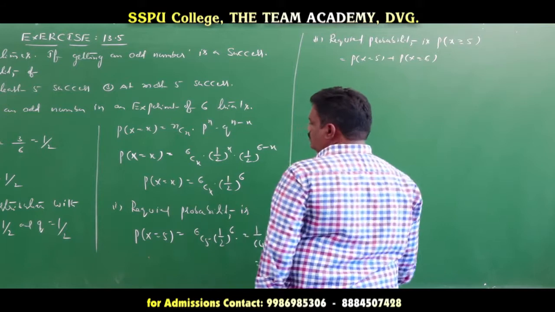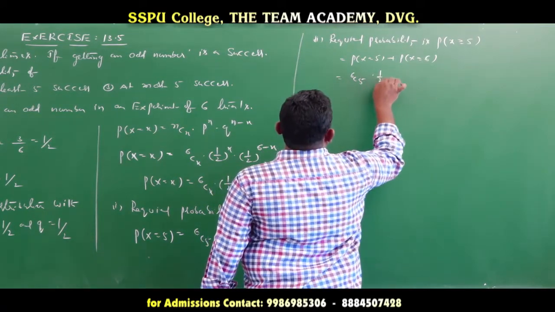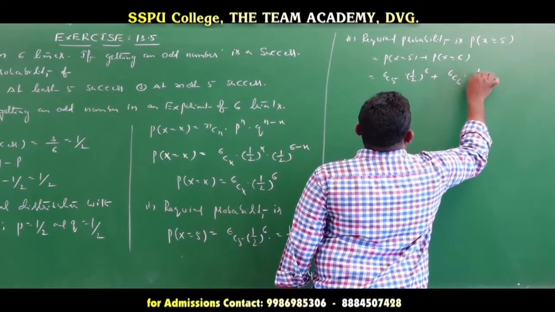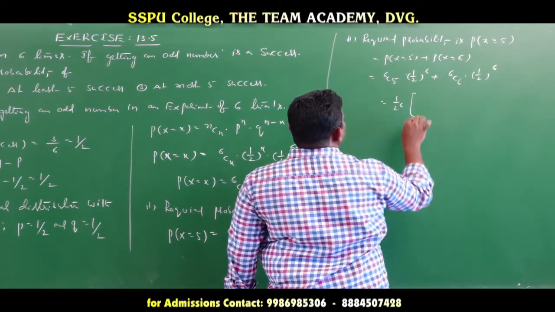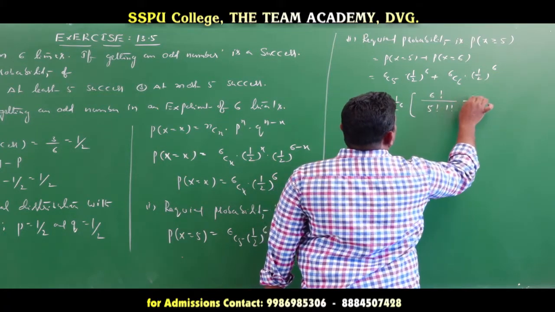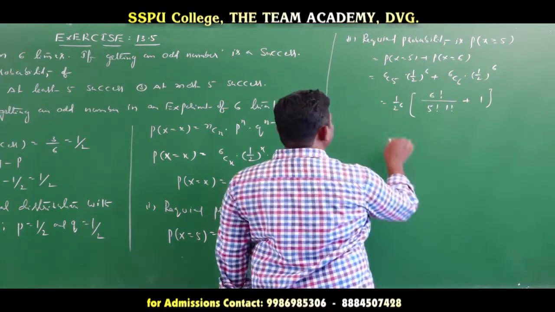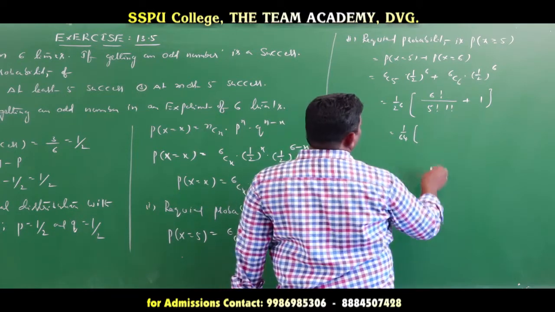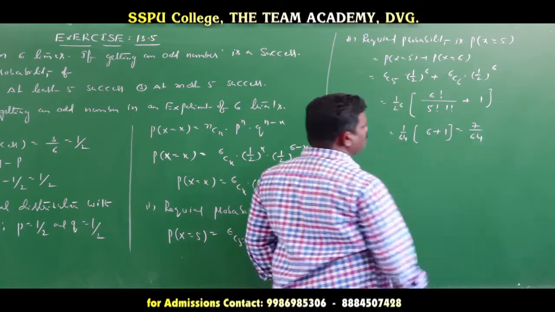That is 6C5 into 1 by 2 whole power 6, plus 6C6 into 1 by 2 whole power 6. Taking 1 by 2 whole power 6 common, 6 factorial by 5 factorial into 1 factorial is 6, and 6C6 is 1. That is 1 by 64 into (6 plus 1), which is equal to 7 by 64.